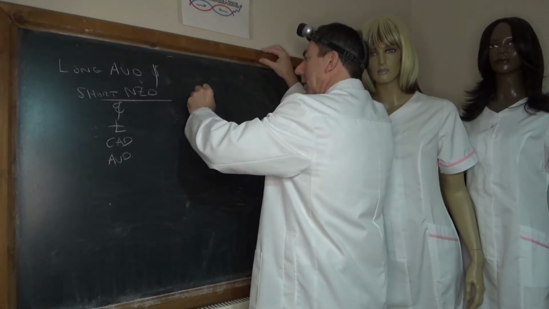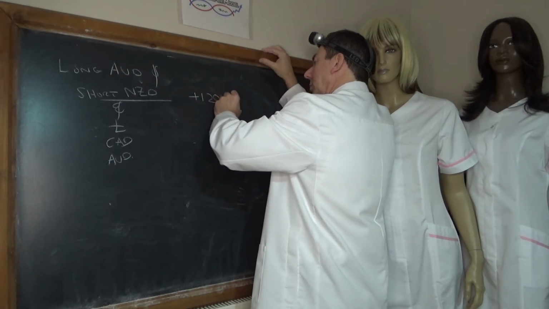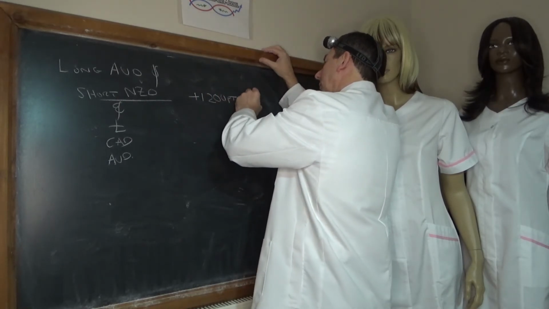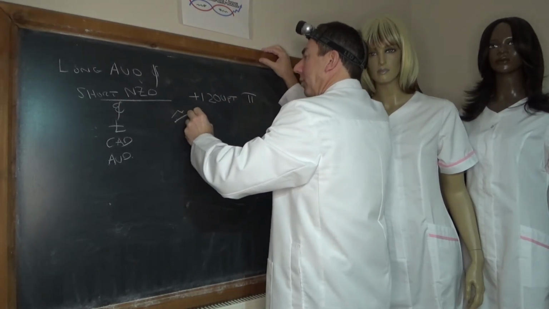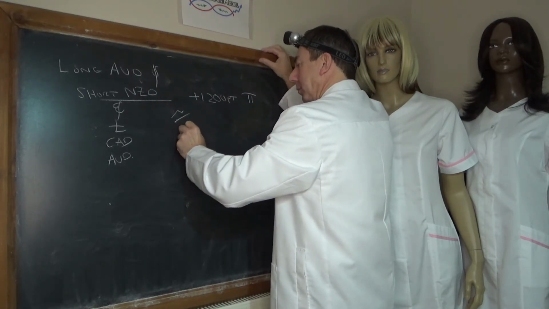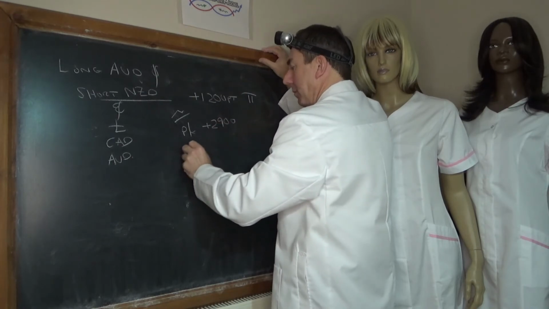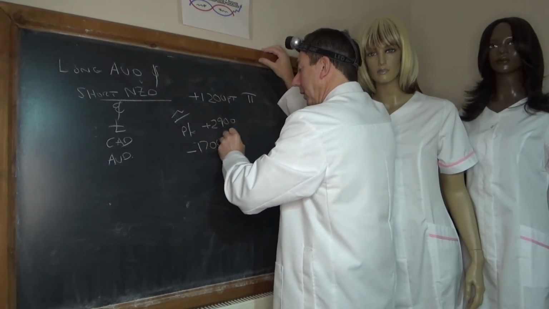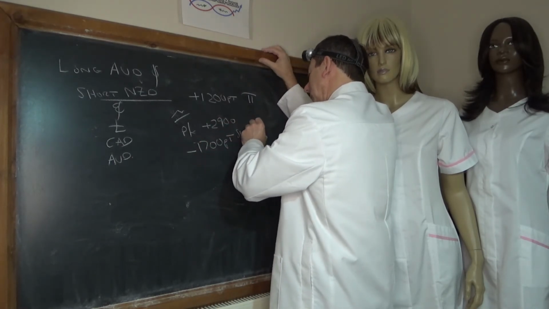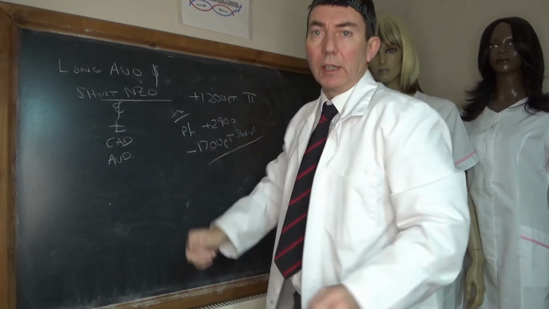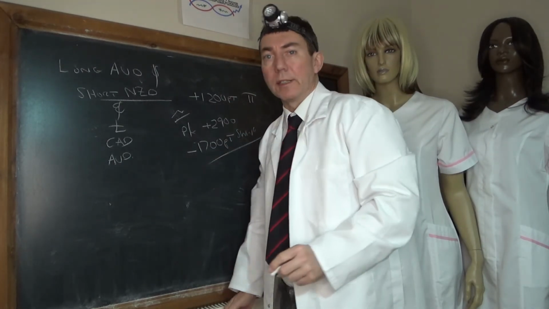We're now plus about 1,200 points profit from a peak of about plus 2,900. So we've had a minus 1,700 point swing against us recently. Right, yesterday to be precise.